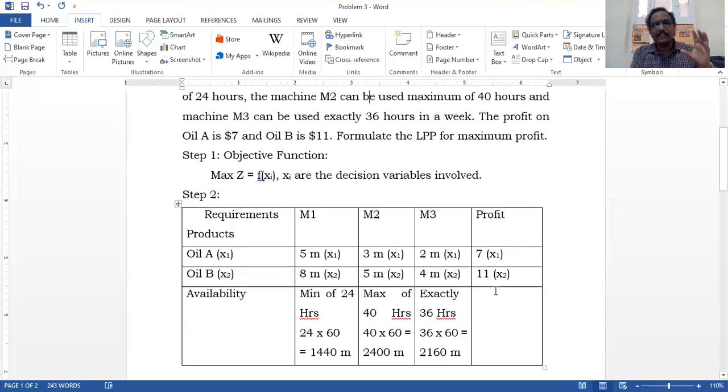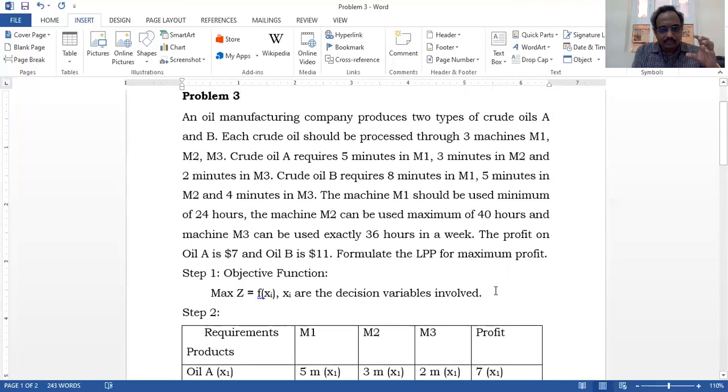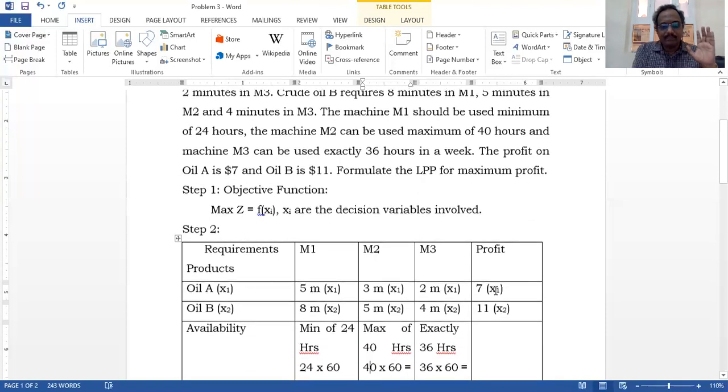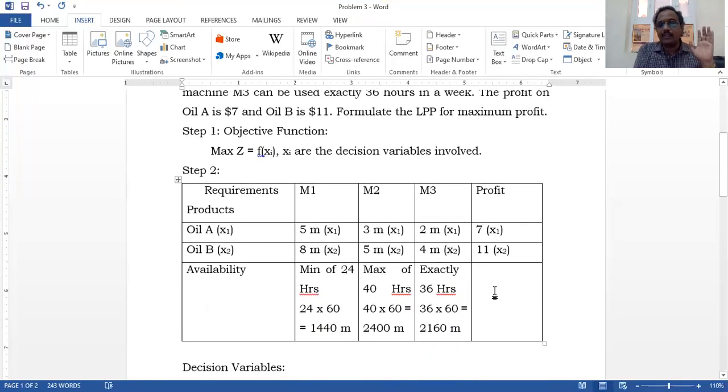Understand the idea? The basic thing is that you have to convert the problem into a mathematical model. This particular table will help you for the formulation. In general, the requirements shall be taken column-wise, and you can take the decision variables row-wise. Just transfer the values from the problem into the table.